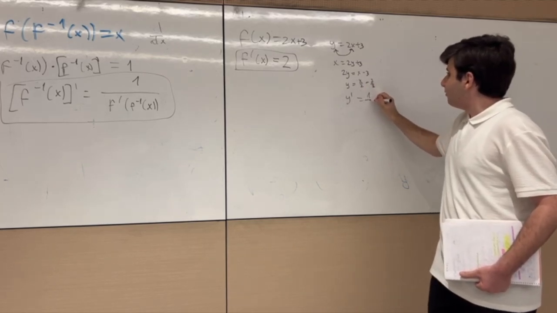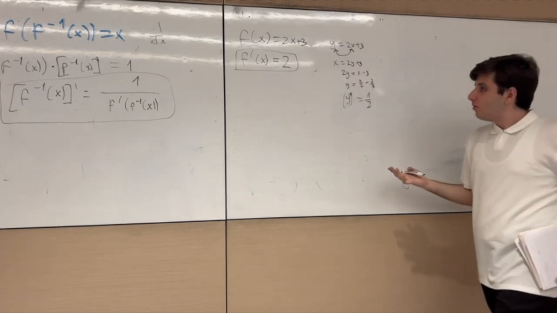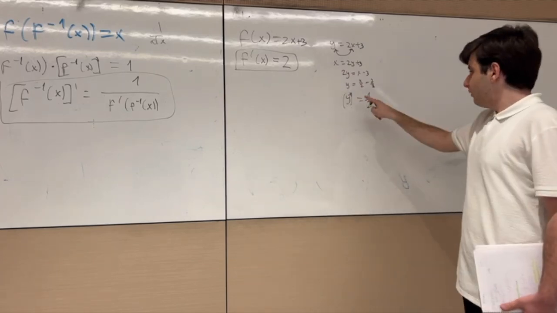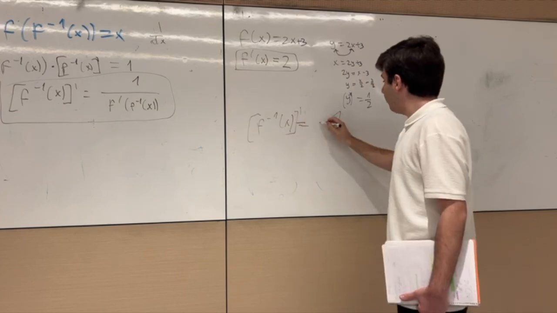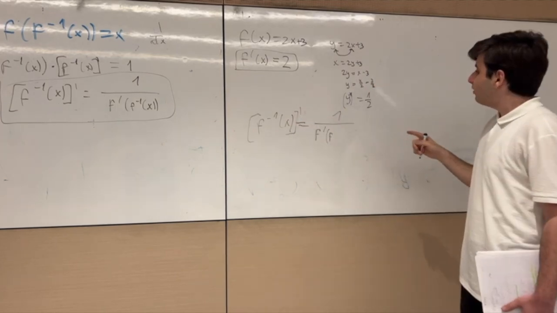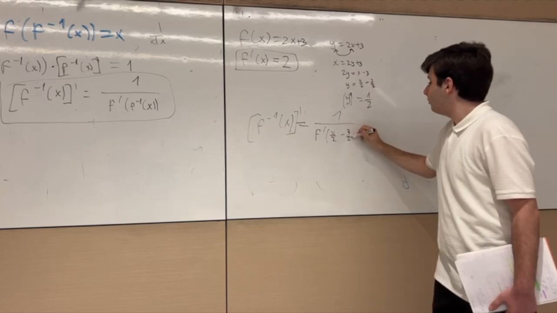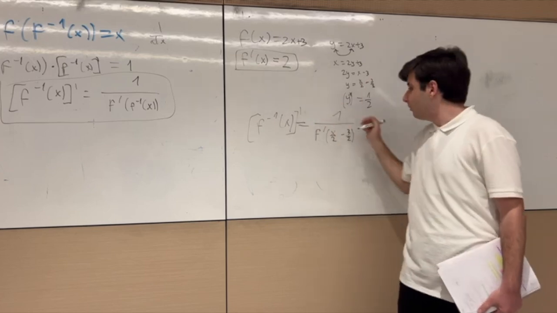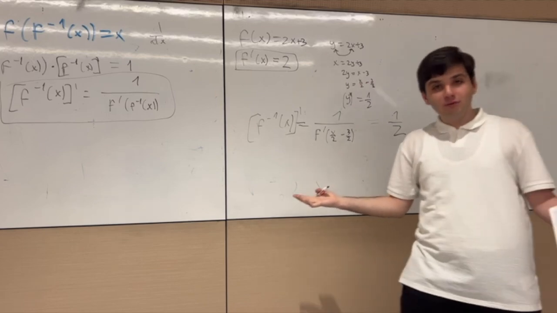It will be 1/2. The derivative of the inverse will be 1/2. How can we find it in the formula? We have f inverse of x with this is equal to. The derivative of f of x is always 2. So we just replace it, and it is 1/2. So it's reciprocal. Again we prove it.